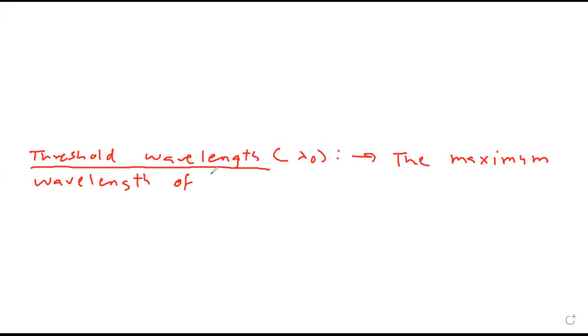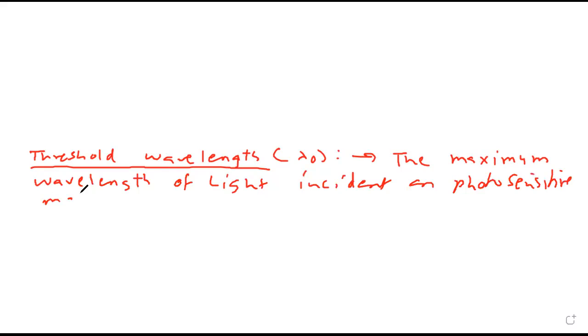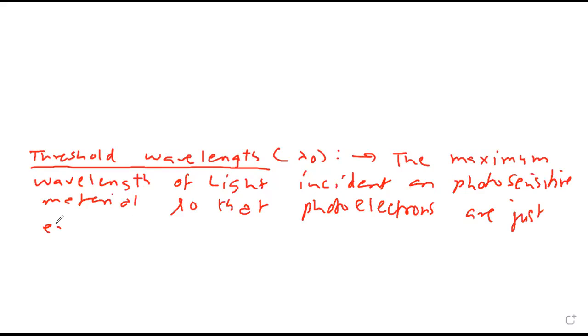The maximum wavelength of light incident on photosensitive material so that photoelectrons are just emitted is called as threshold wavelength.